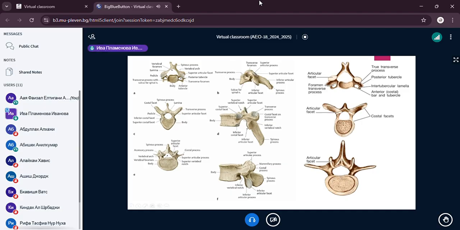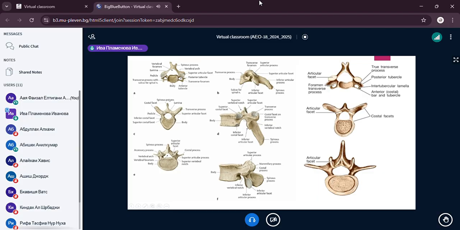This is the transverse process with the transverse foramen. And I wanted to show you this one here: the inferior vertebral notch and the superior vertebral notch. That's the superior vertebral notch, and that's the inferior.